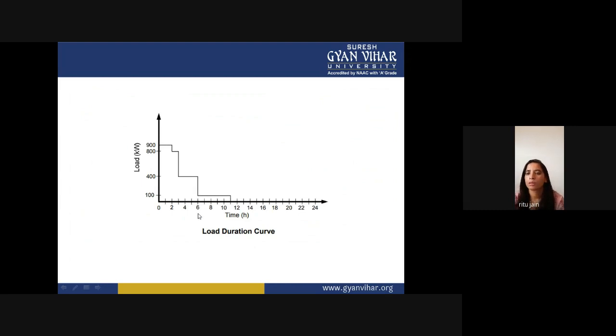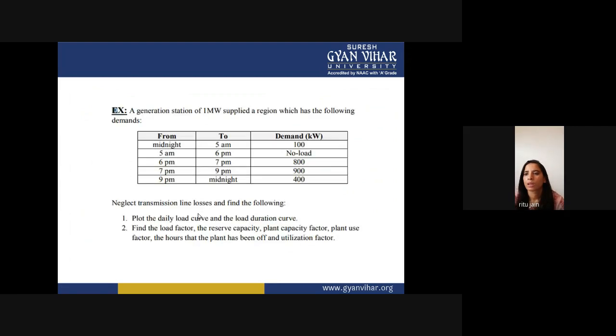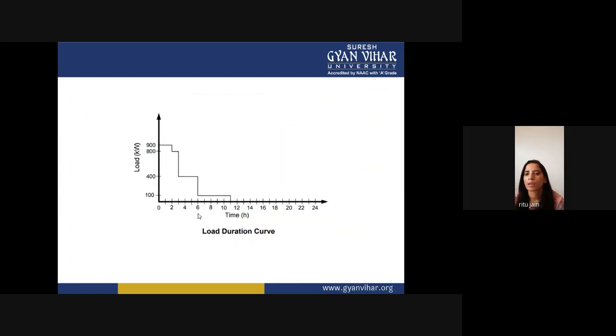Next is 100 kilowatt, which is from midnight to 5 a.m. You can easily calculate it. It is 5 hours. So for 5 hours, this load is 100 kilowatt. So we are taking hourly load over here in the load duration curve. So this is the basic difference between your load curve and load duration curve.